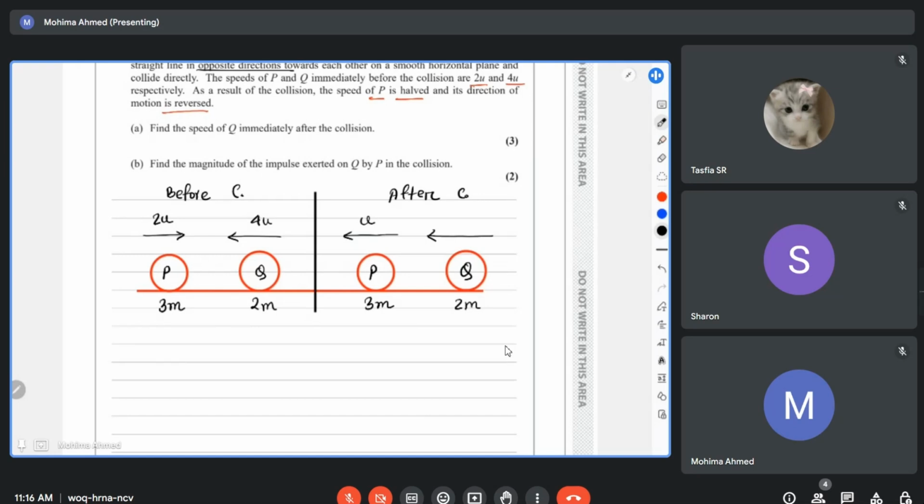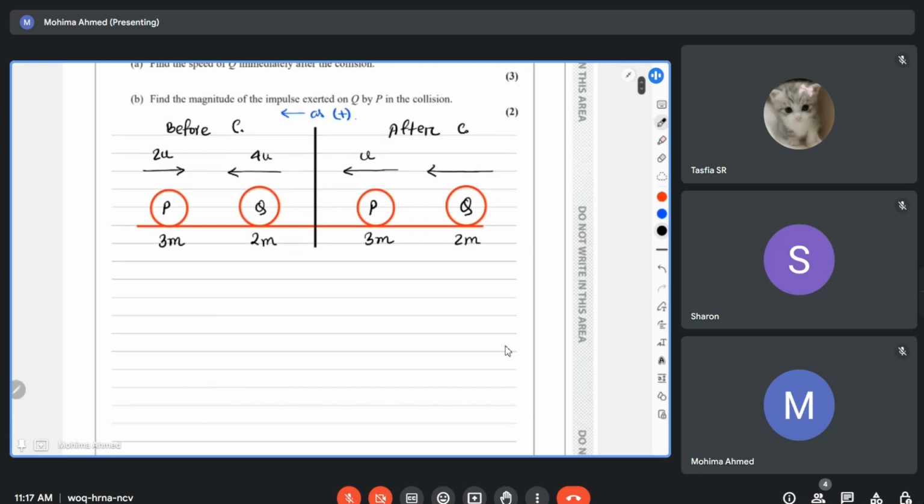And as momentum is a vector quantity, we have to consider the fact that one direction is positive and the other would be negative. So I'm considering the direction towards left as positive. Okay, so I'm just going to write left as positive. And now we'll move on to the equation for conservation of momentum.